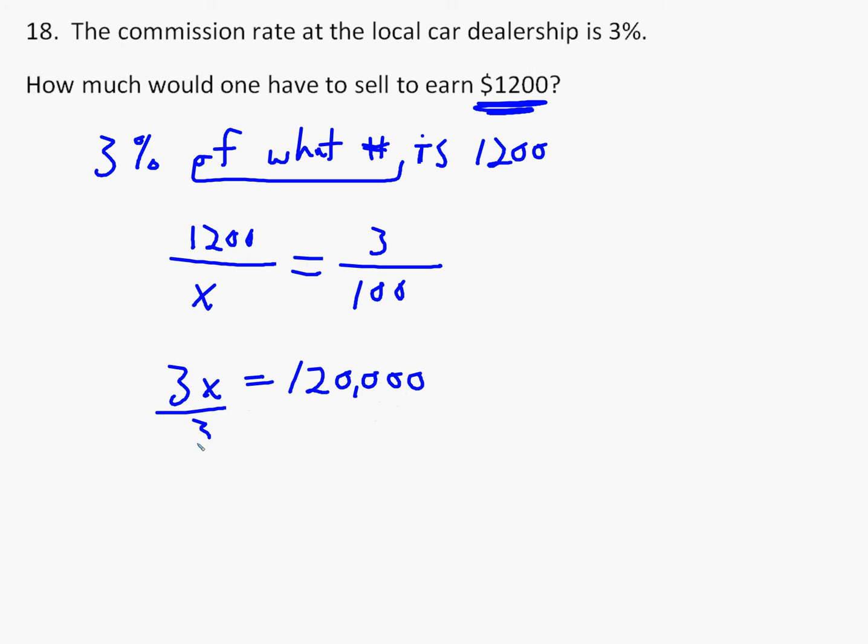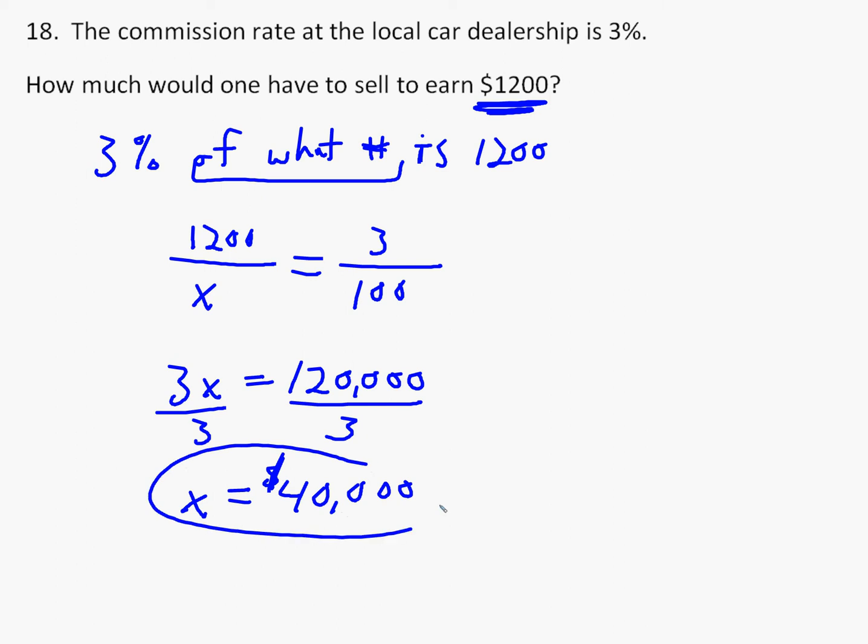Go ahead and divide by 3, and we get 40,000. So they have to sell $40,000 worth of cars. Maybe that's one nice new car, or maybe that's several used cars, but that salesperson has to sell $40,000 worth of merchandise.